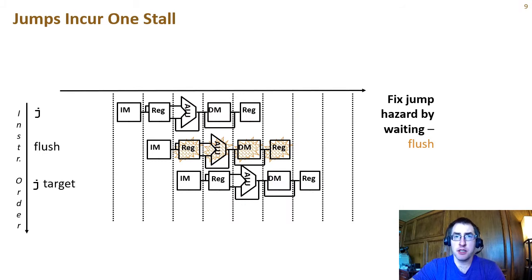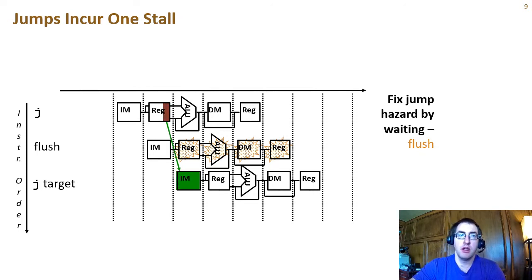Because the jumps occur in the decode stage, when we decode the jump, we've already fetched or started fetching the next instruction in the program. Now, with an unconditional jump, that instruction is never going to be executed. So we can fix this problem by flushing or squashing that instruction.